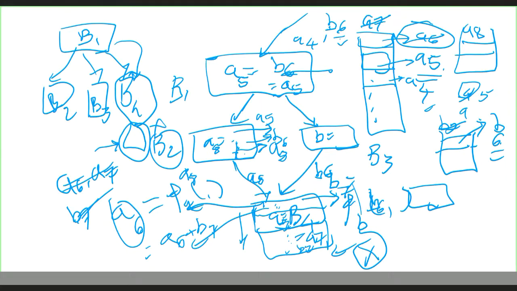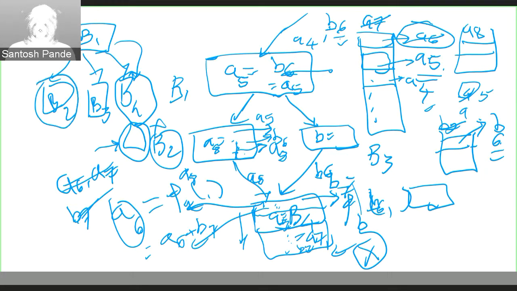So that completes the processing of B2. And once we complete processing of B2, we do the same thing. We abolish all the names that are generated within B2 and expose the previous names through which we entered B2. Again, because we are back in the region of domination of B1.